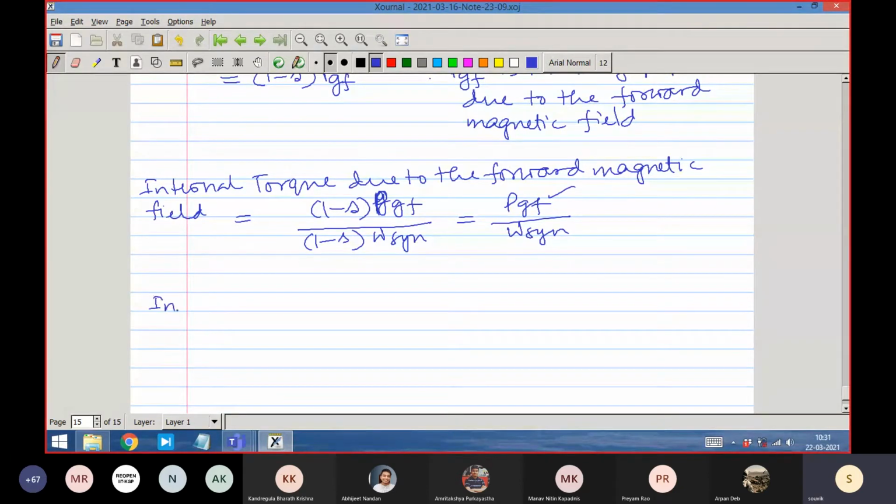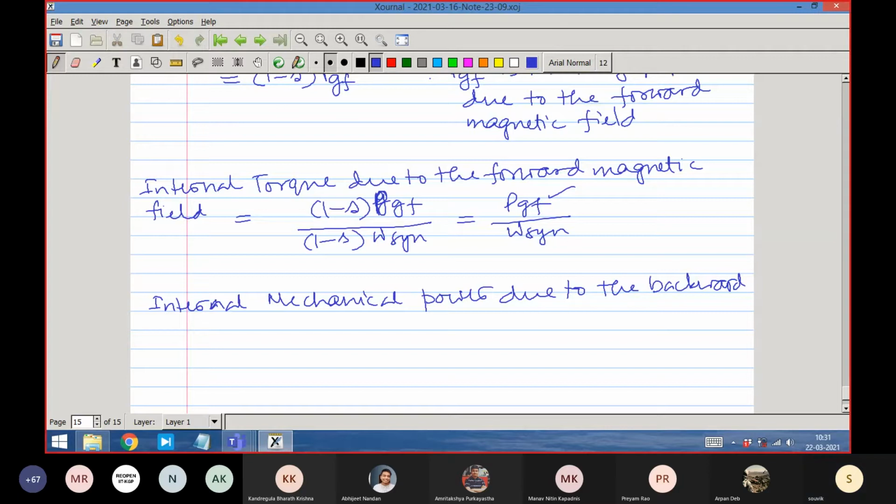Then tell me what will be the internal mechanical power due to the backward magnetic field.